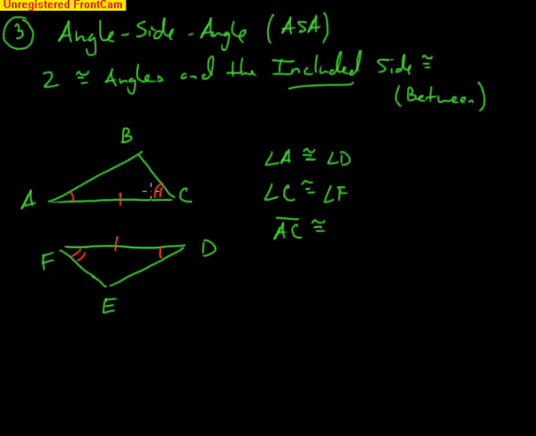Now, AC goes from one arc to two, so you have to do the same thing here, DF. Even though DF and FD are the same, remember the correspondence has to be true. So knowing these three pieces of information, the two angles and the side included, we can say that triangle ABC is congruent to triangle DEF.